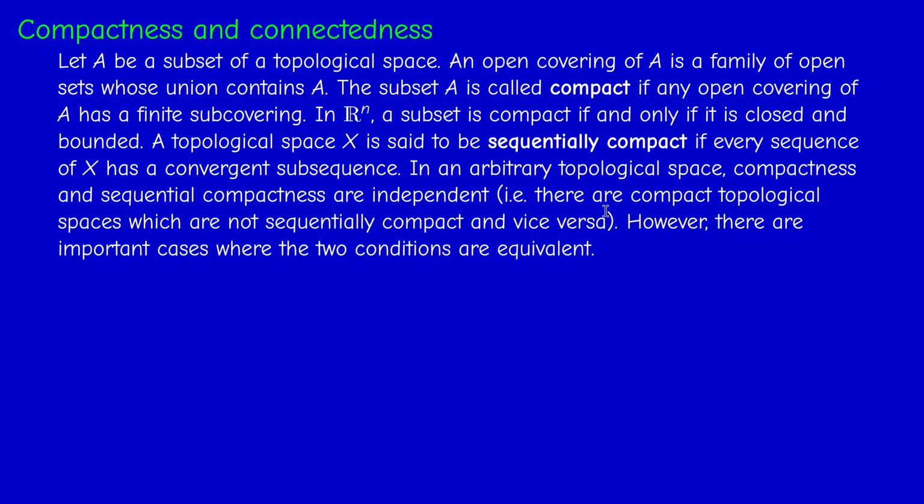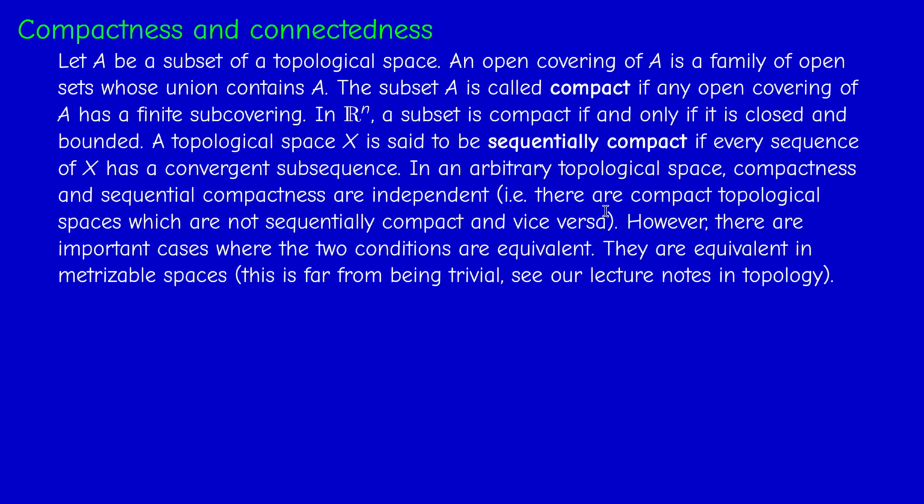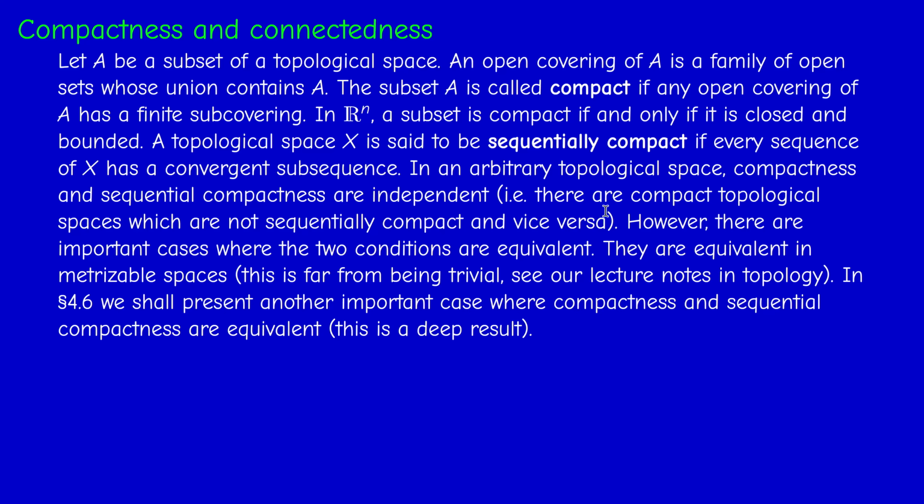In chapter 4, I will give another interesting example where compactness is equivalent to sequential compactness. But as it's also not trivial, I will not give a proof. It's in Section 4.6, a deep result of functional analysis. The proof is in the notes, but I will not give it here.